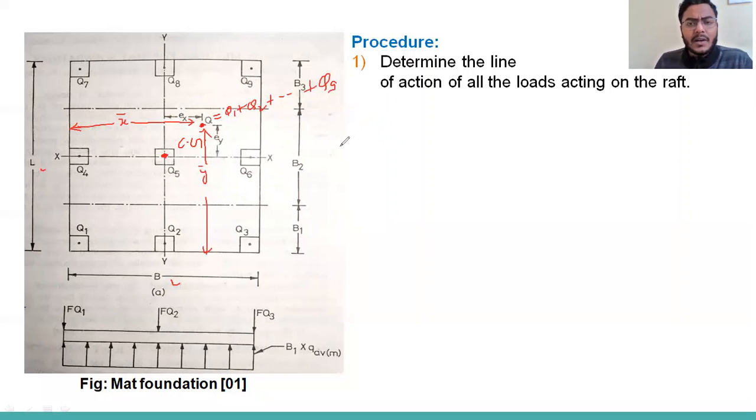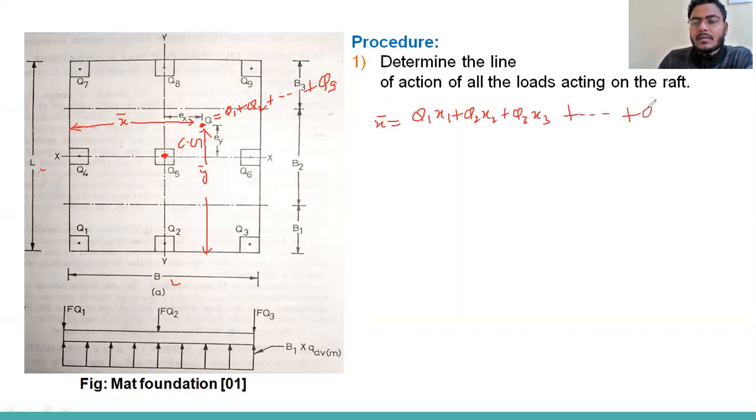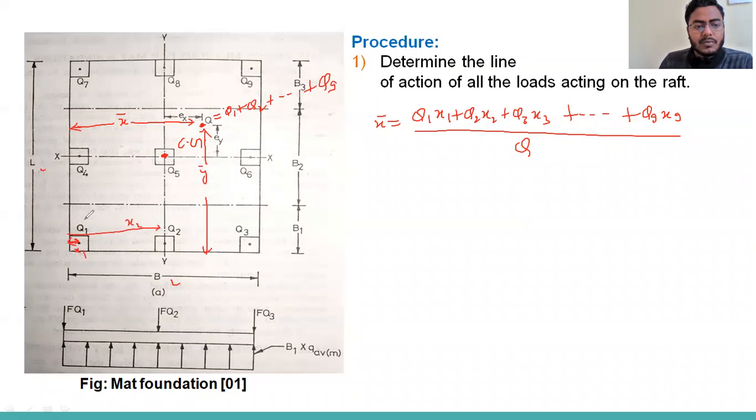There is a formula I'm writing, and we can also calculate by using the moment theory, by applying a moment from the edge. So I'm writing directly. X bar will be Q1 X1, Q2 X2, Q3 X3, up to Q9 X9, divided by Q, where Q is the summation of all 9 loads, and X1 is the distance from the edge, this is X2, this is X3.